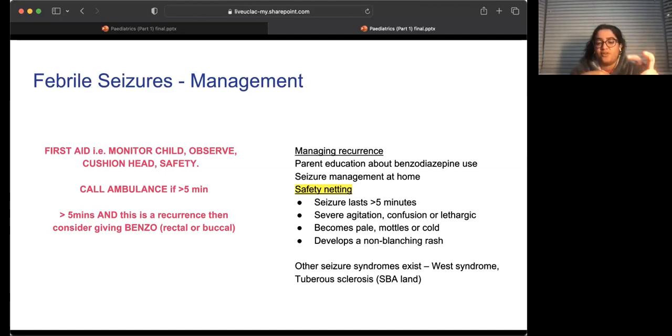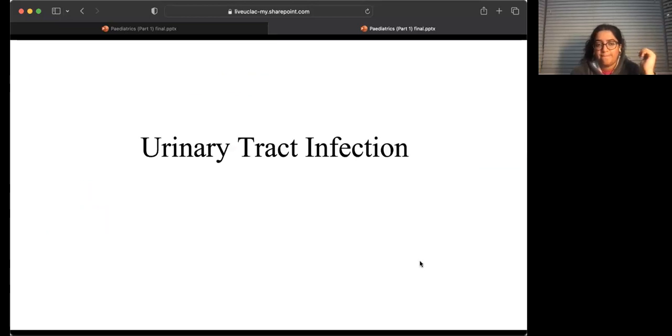Potentially a mix of breath holding spells with febrile seizures. So obviously you'd warn the parents about that. And then also if they have a non-blanching rash, again could indicate a background of viral meningitis. And then just for SBAs, just remember to consider other seizure or epileptic conditions like West syndrome and tuberous sclerosis.